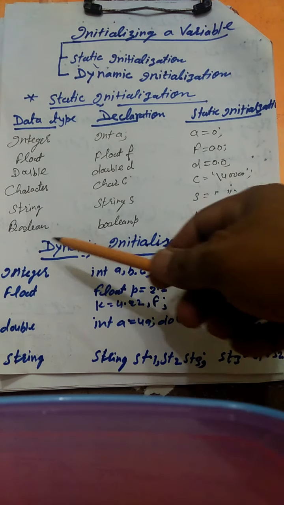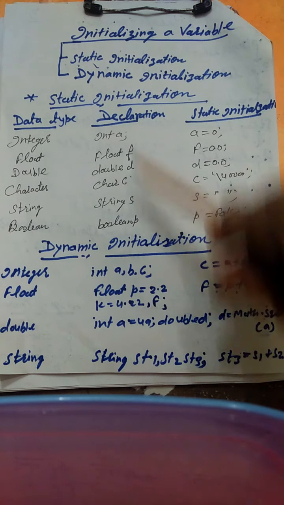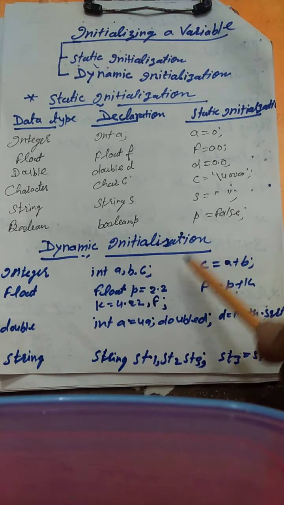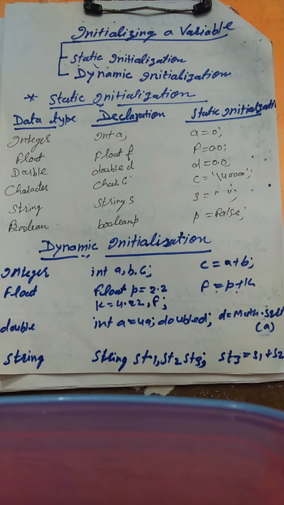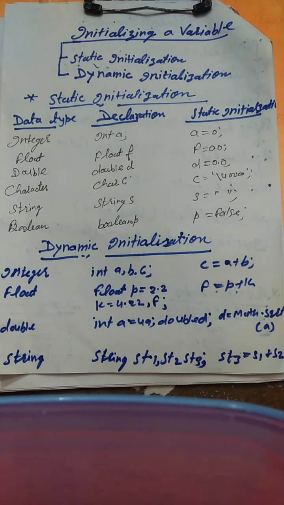Suppose we are using the integer, then what will the declaration be: int a, b, c. Suppose we have to add two numbers, then we have to use the three variables a, b, c, meaning a plus b, and the value of a plus b will be stored into c.